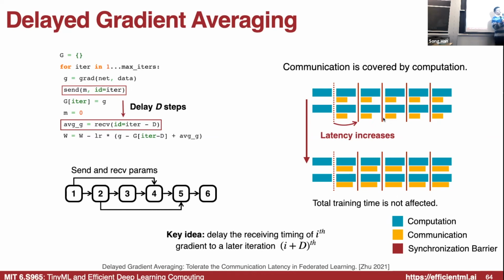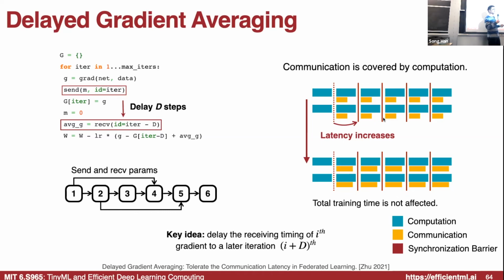So as the network latency increases from this amount to a larger amount, it doesn't matter with respect to our total training time. So what is the limit that we can tolerate in this case? If the latency is longer than what, then we will be slower? In this example, we are delaying the gradient by 1 timestamp. We can tolerate at most 1 timestamp.